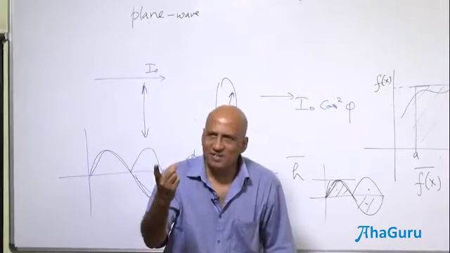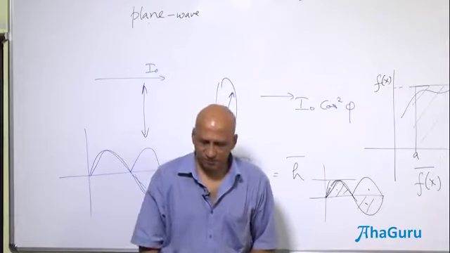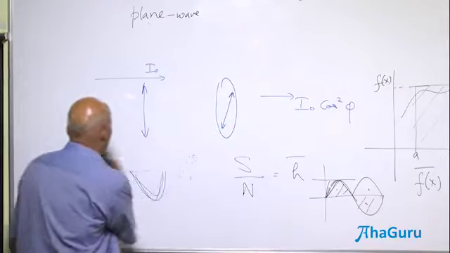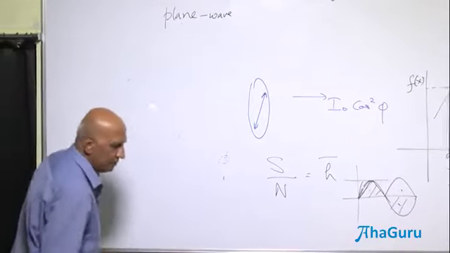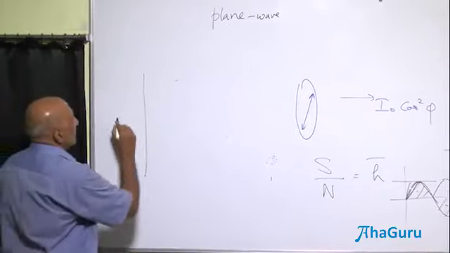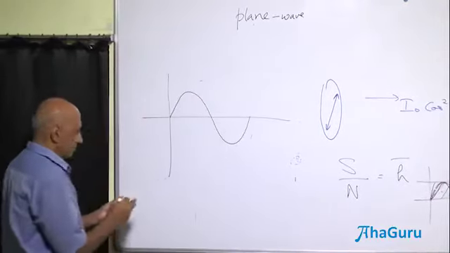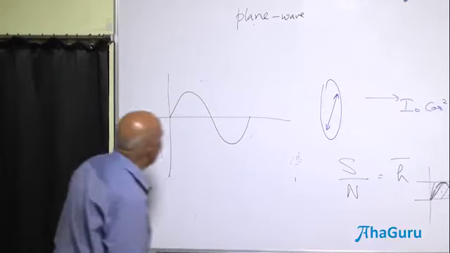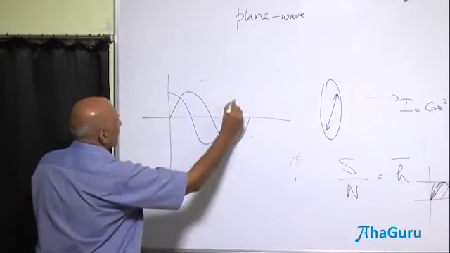You have no choice but to integrate. But I'll tell you a shortcut. Watch this. This is a sine function. And in blue, I'm going to draw the cosine function.